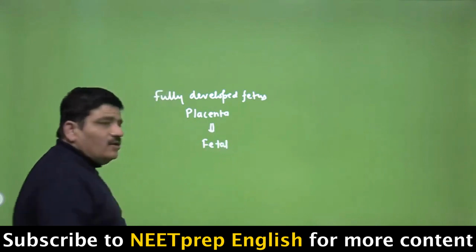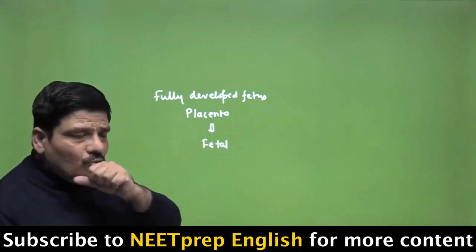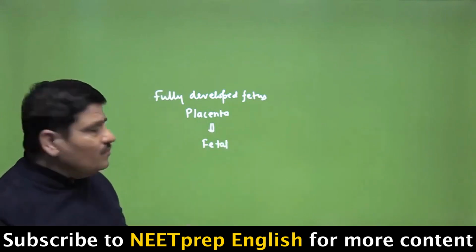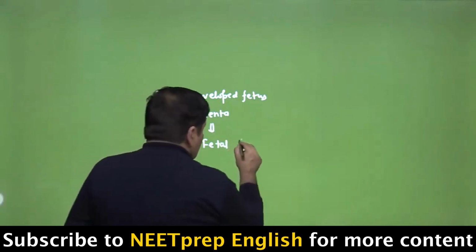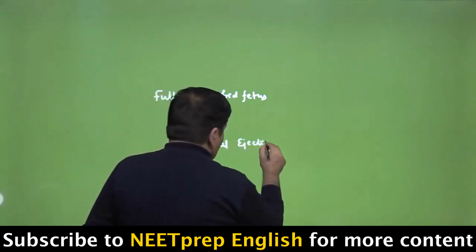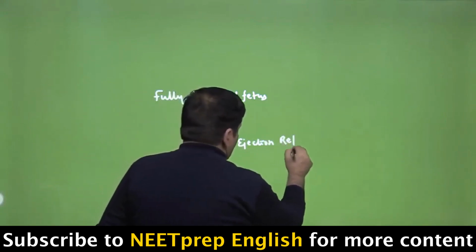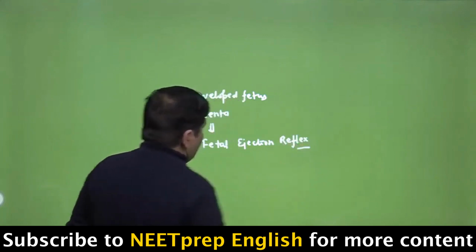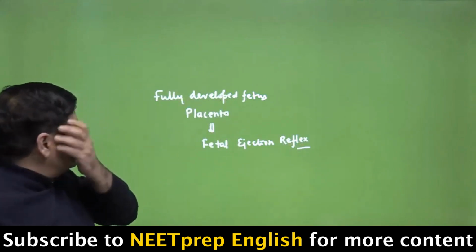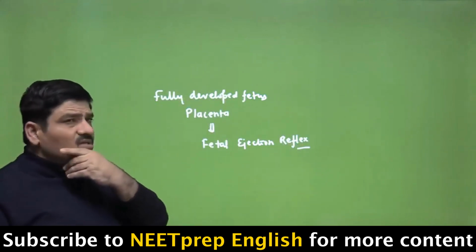This is a neuroendocrine mechanism that leads to the birth of the child, or parturition. It is initiated by a fully developed fetus and placenta.